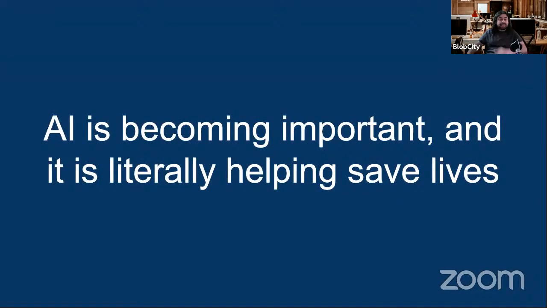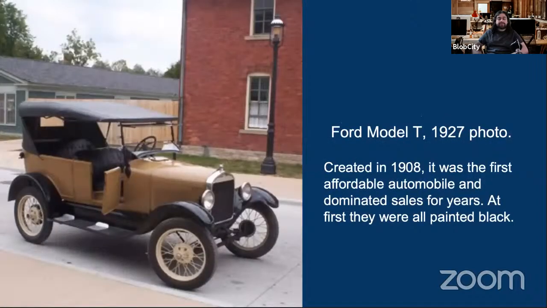Now, AI is becoming important, and it is literally helping save lives, and literally so in many ways. But we're going to take one example that's really easy to understand, right? So this is a 1927 photo of the Ford Model T, which was about the time when automobiles were gaining prominence across the globe. 1908 was the first Model T that was created by Ford, and it was the first affordable automobile, dominated sales for years back then.